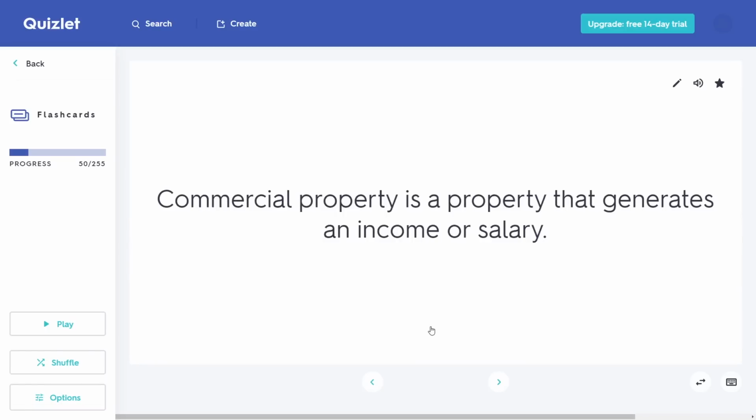Simple as this: there's residential property, and then there's commercial property. Commercial property is where businesses are run out of. It could be anything from a warehouse to something like Walmart or a restaurant. That would be commercial property. Residential obviously would be the opposite. That's where people live and sleep.